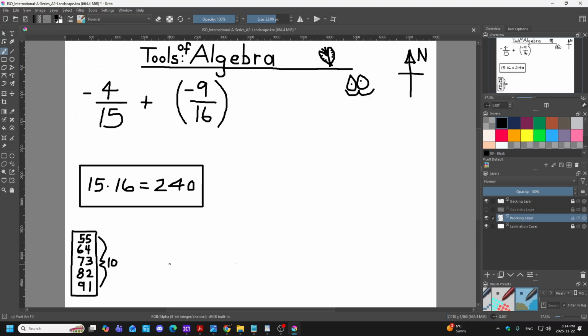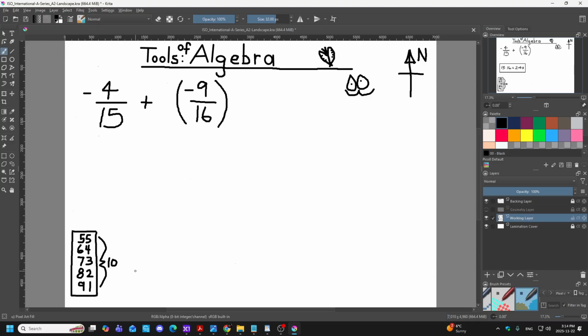What I should have done is actually written it down here. But that's okay, I'll remember. 15 times 16 equals 240. Just need the room.